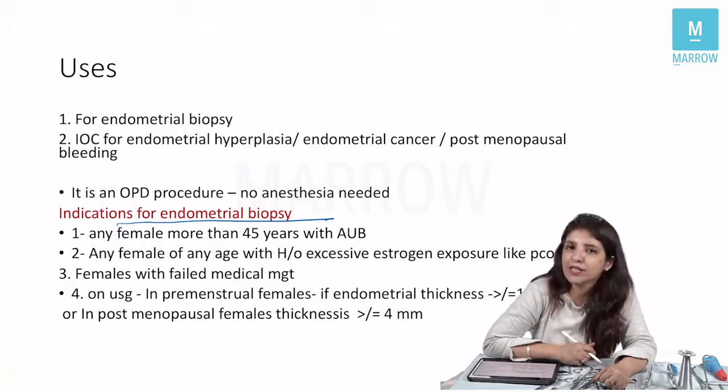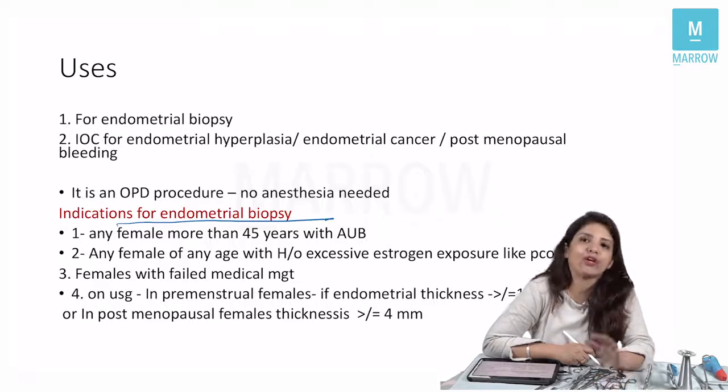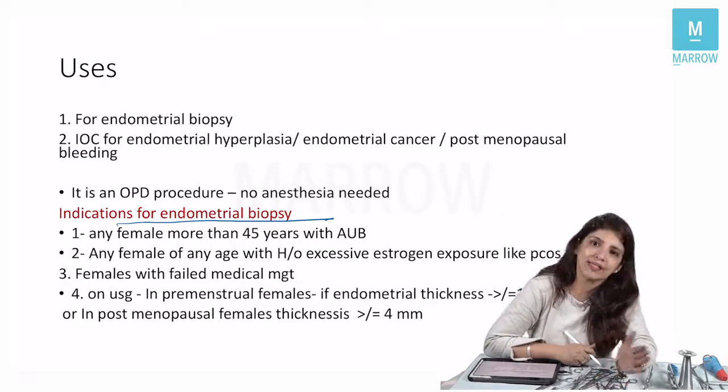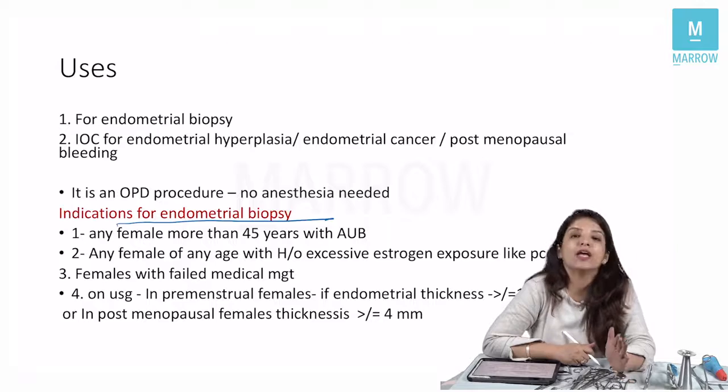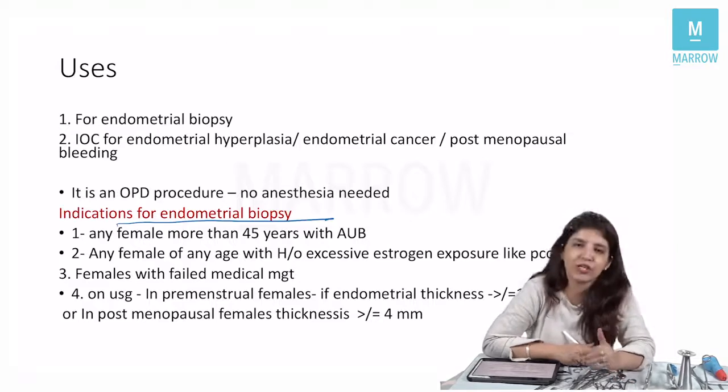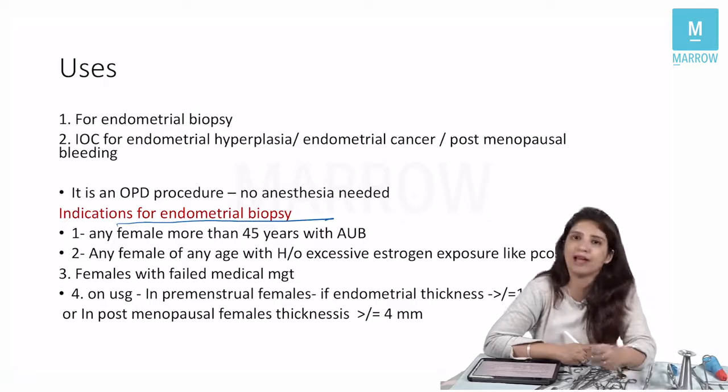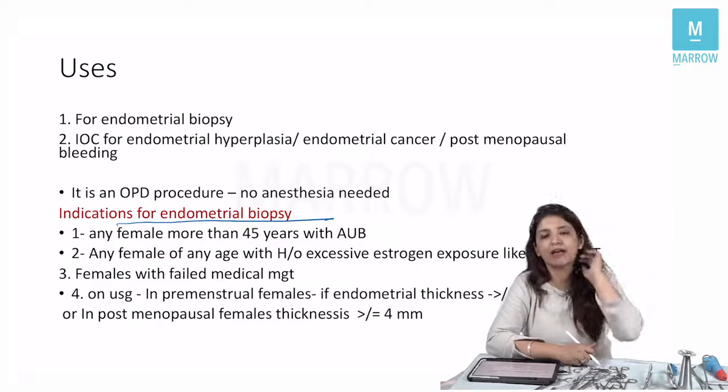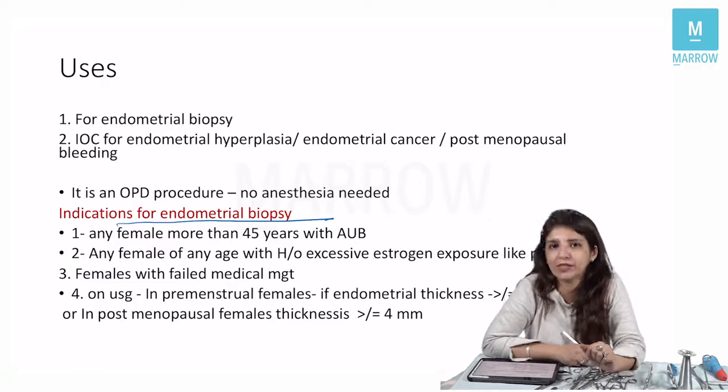So number one indication for endometrial biopsy is any female more than or equal to 45 years who comes to you with atypical uterine bleeding. Number two, any female of any age, the age could be less than 45 also, if she has a history of unopposed estrogen. That history can be in the form of HRT, or in the form of PCOS.